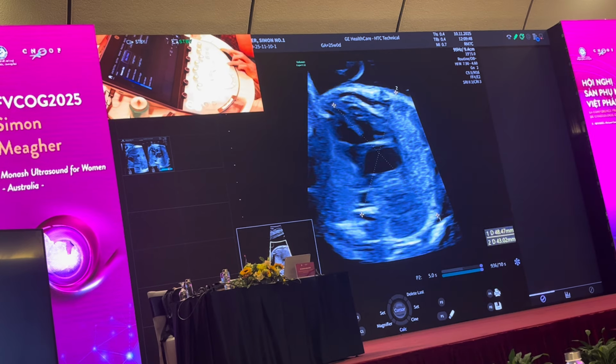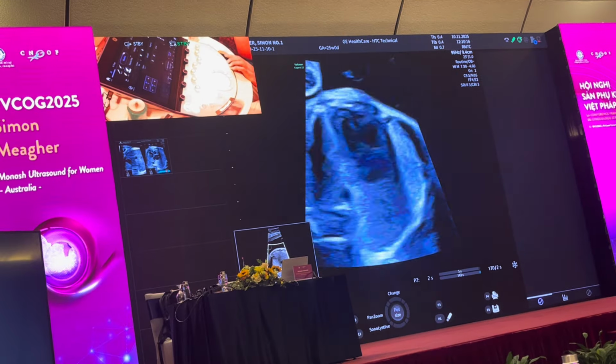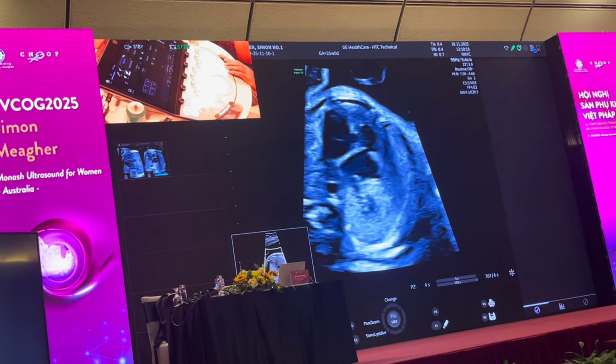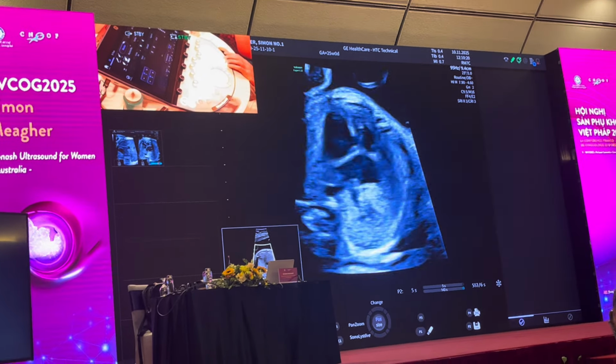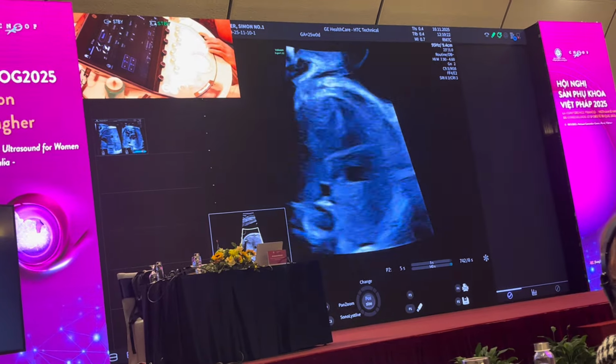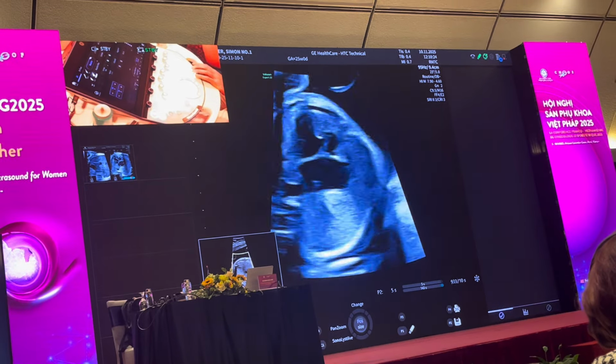When you look at the axis of the heart, it's normally 45 degrees, plus or minus 20 degrees. So I look at the heart, looking at the apex of the heart, it's got a normal axis.